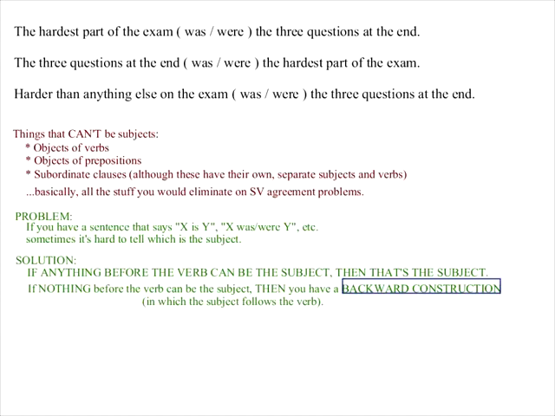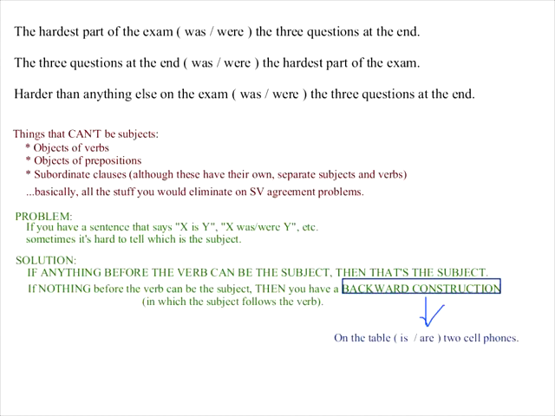An easier example of a backward construction is if I tell you something like, on the table, let's say we got something like this, is or are two cell phones.